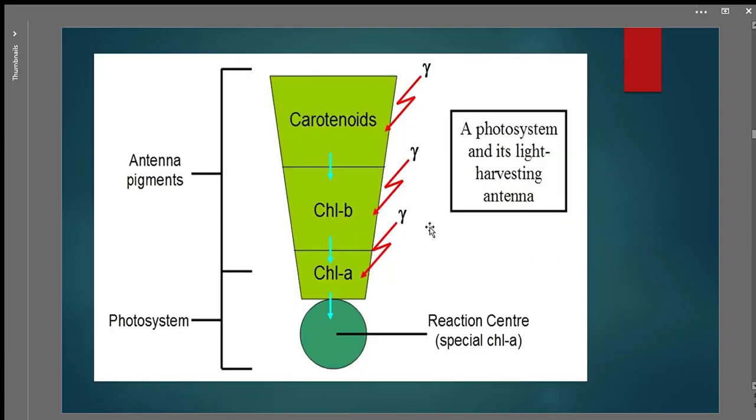Now, if we look at this diagram of mine, you will realize that we have the antenna pigments and the photosystems. When you look at chlorophyll A, we have chlorophyll B and the carotenoids.